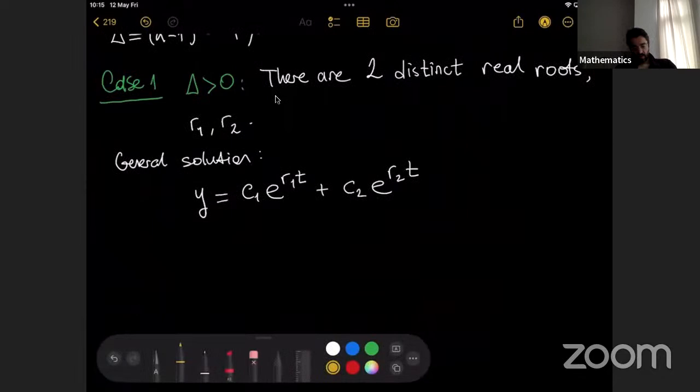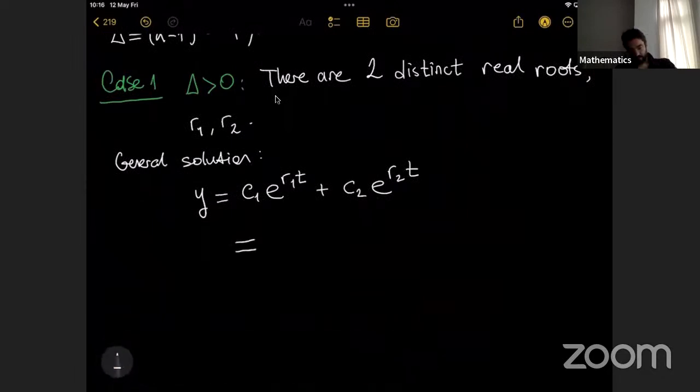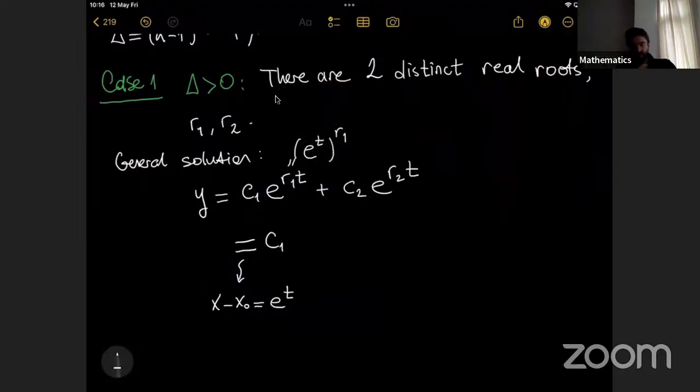So this is equal to, under the change of x minus x0 is equal to e to the t, C1 times, so you can think of this as e to the t to the R1, right? But e to the t is x minus x0.